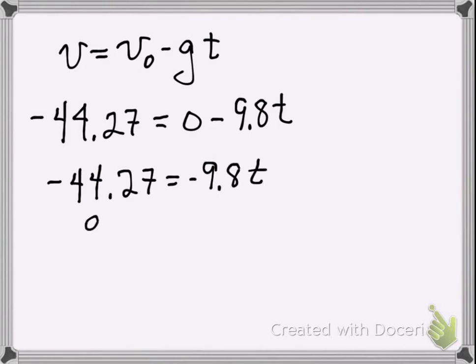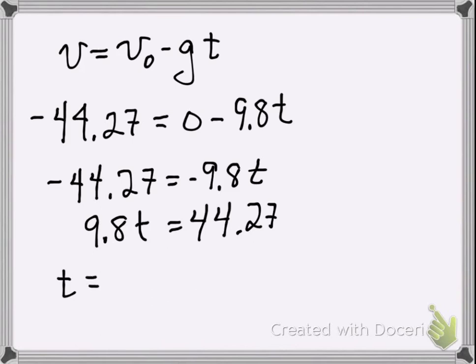If we swap sides, we can get 9.8t is equal to 44.27. Then we divide both sides of the equation by 9.8. So t is going to be 44.27 divided by 9.8 meters per second squared.